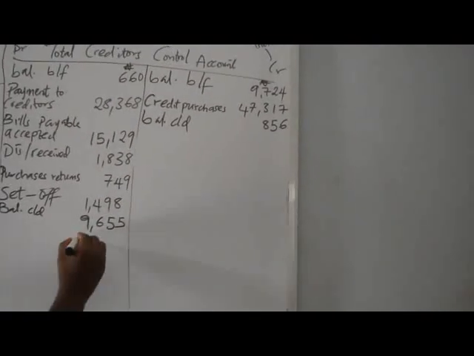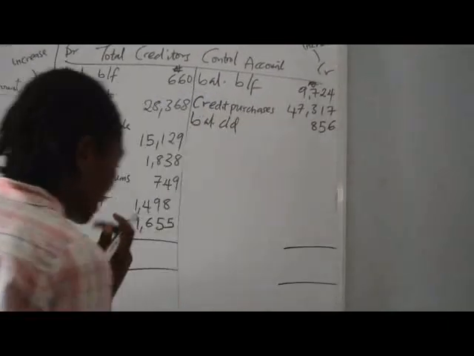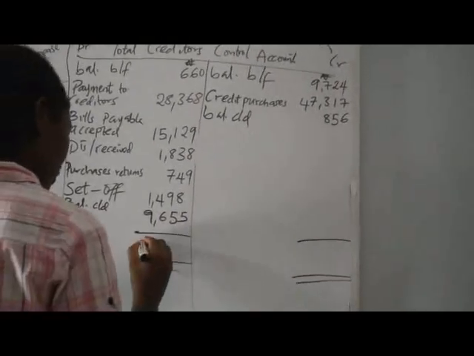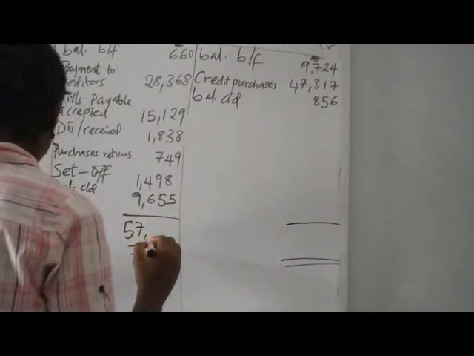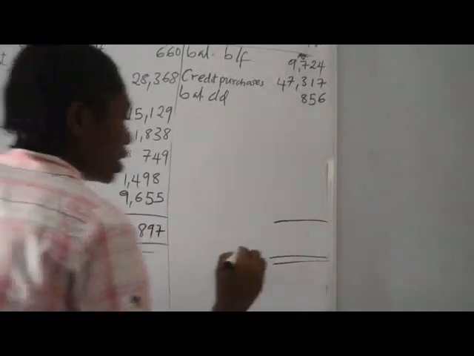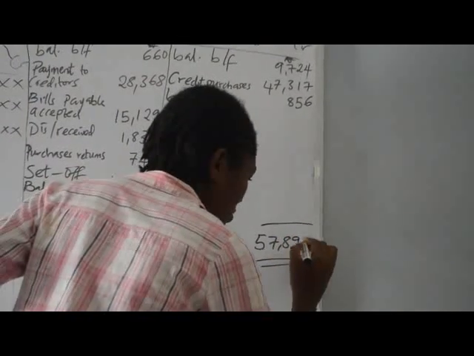Okay, so when we total this, now we should have a similar balance. So we'll be having 57,897. Alright, we're having same amount here.